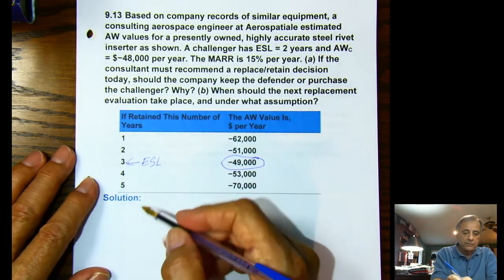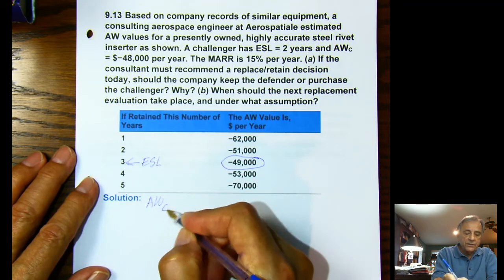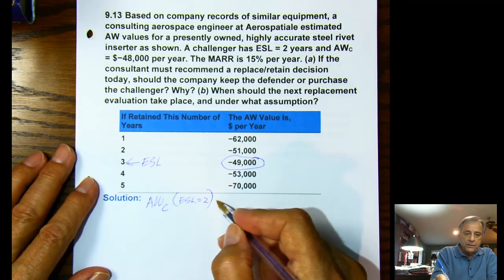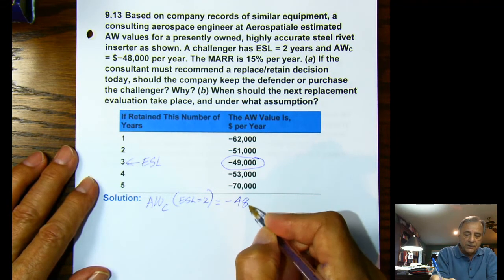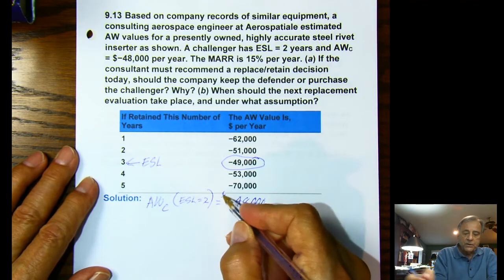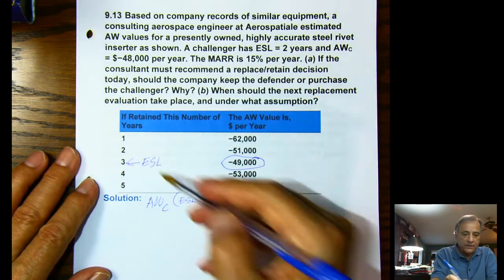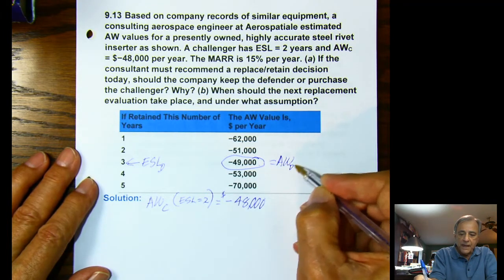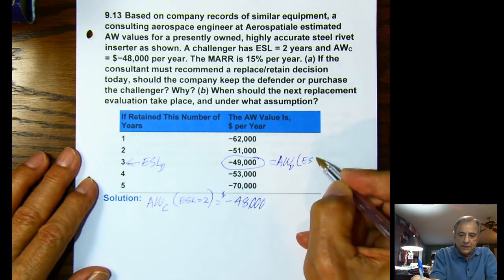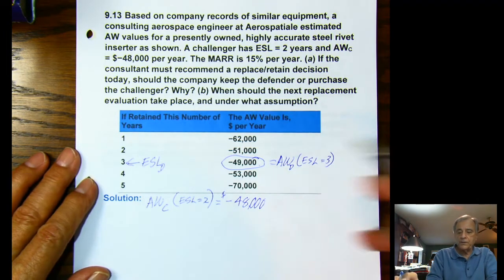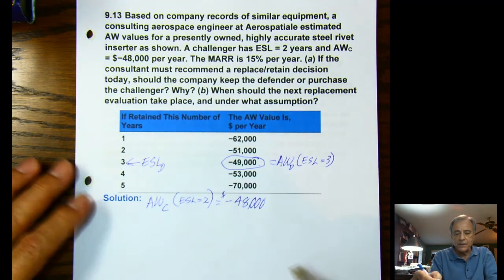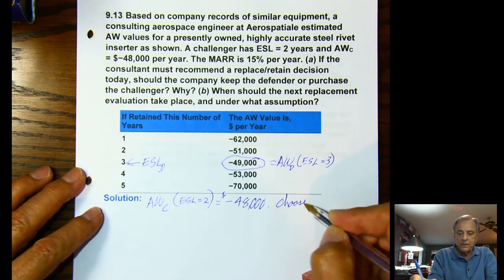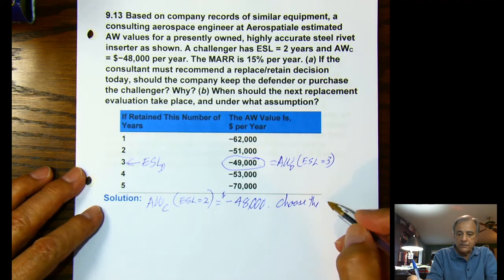So annual worth of the Challenger at ESL equals 2 is minus $48,000. So which is better? This is the Defender. That's annual worth of the Defender at its ESL of 3 is 49. This is 48. It's pretty close, but this is better. Okay, so this would say choose the Challenger.